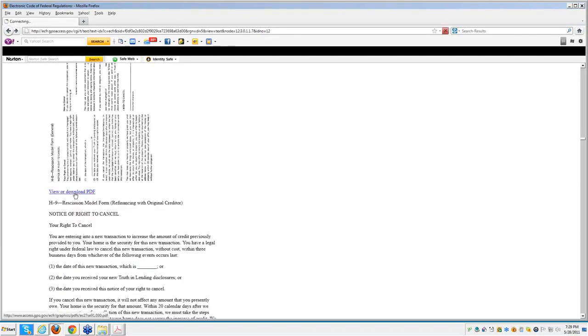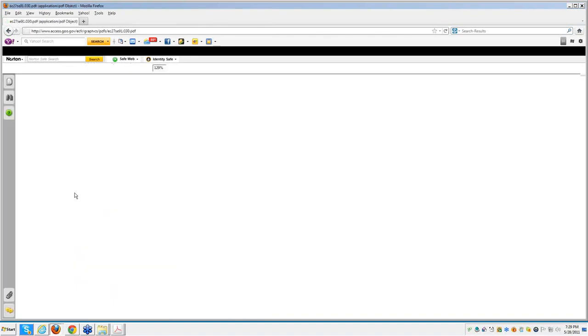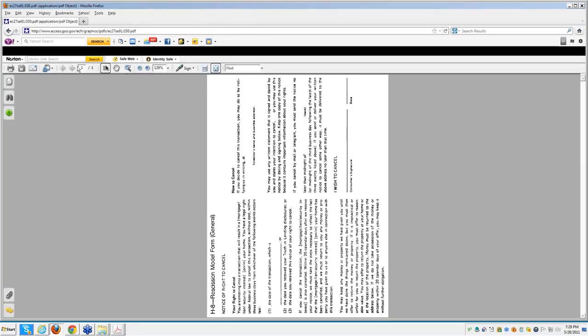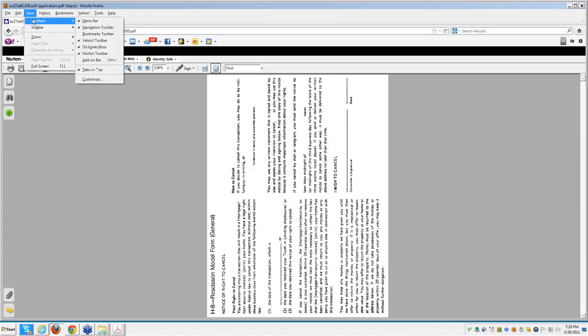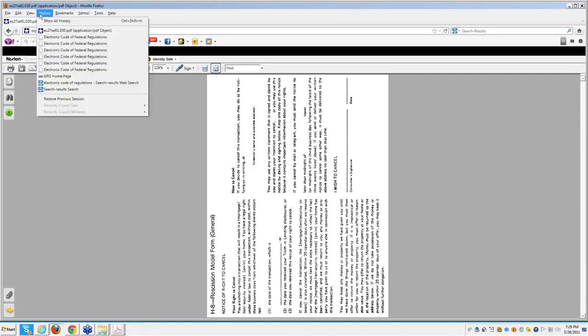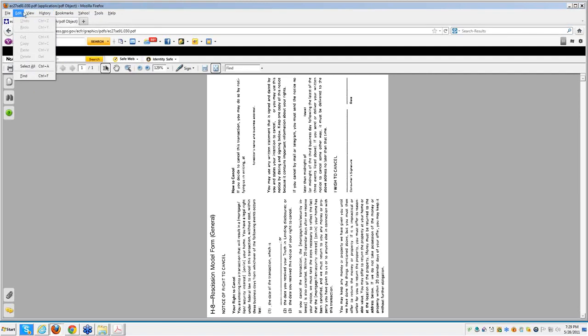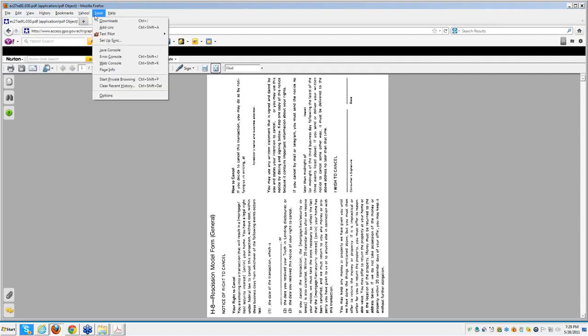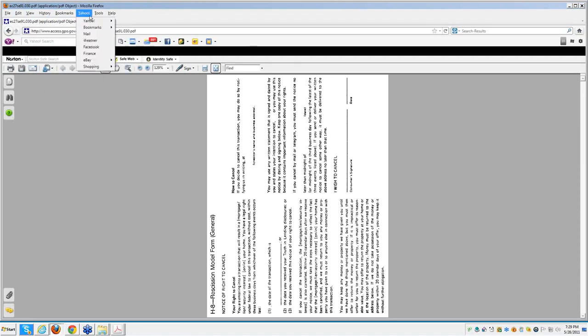Here's the rescission form. Can you rotate that, Gene? It's not going to let you rotate. Usually it has a button for doing that.